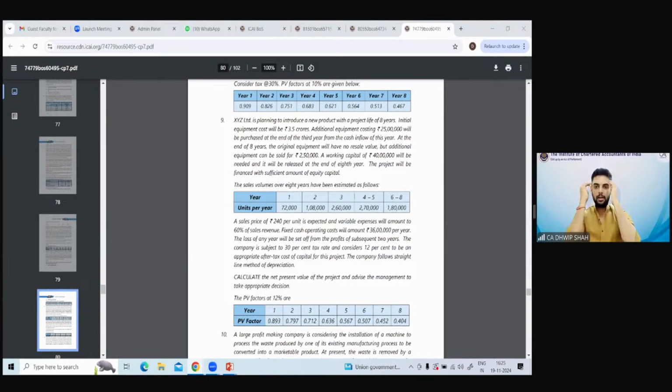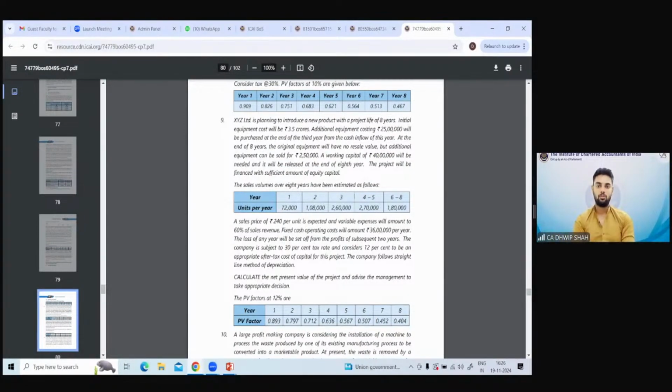So remember, working capital is an outflow at the beginning, but it is an inflow at the end of the life of the project. This is what we have learned, and this is what they have written over here as well. That working capital will be released at the end of 8th year. Means we will get that 40 lakhs back.